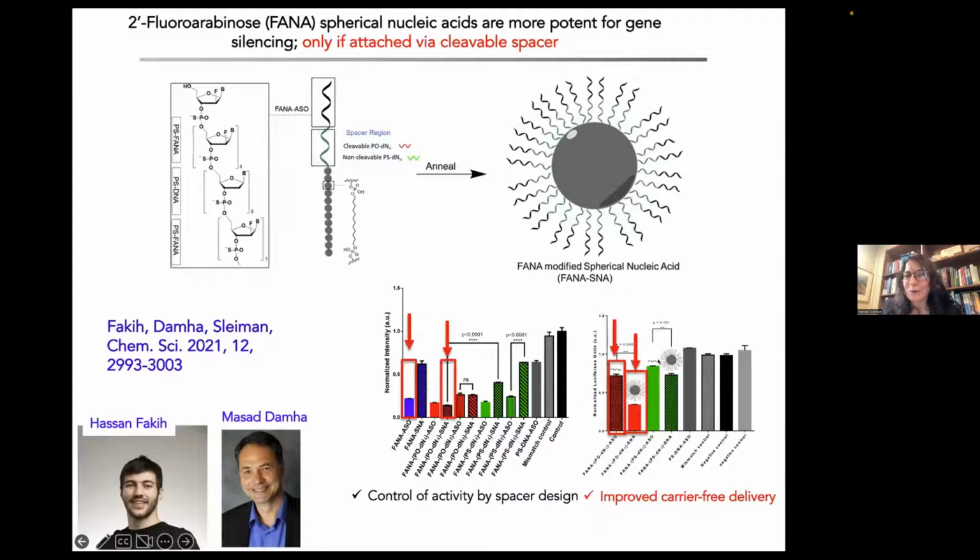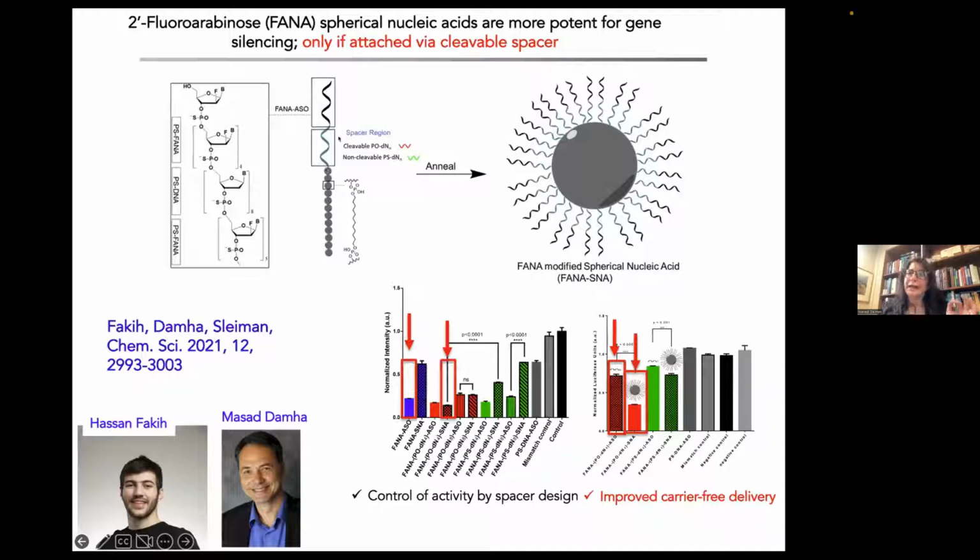So this is an experiment where we're doing gymnosis, essentially transfection-free gene silencing, and we see that there's more silencing effected by our spherical nucleic acids than by the FANA molecule by itself. And critically here, this depends on the presence of a cleavable spacer between the nucleic acid therapeutic and the alkyl chains on the inside.